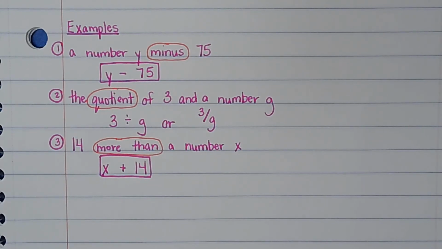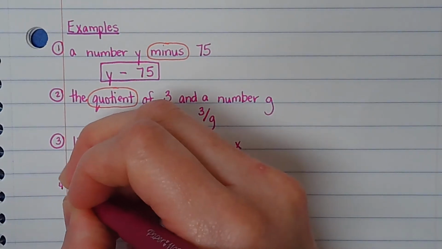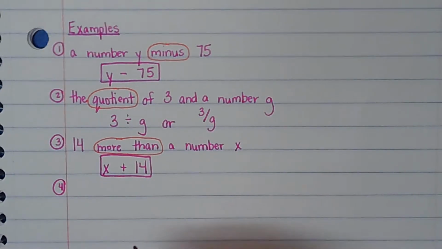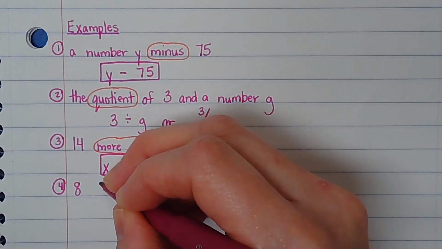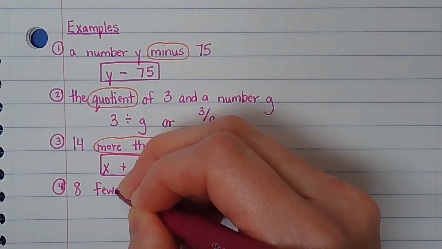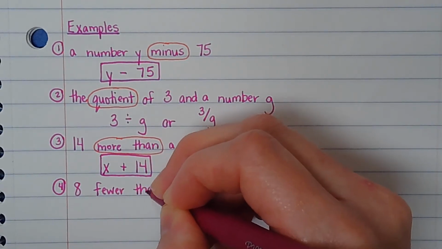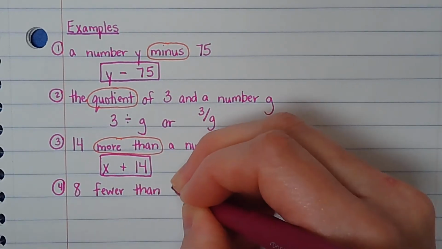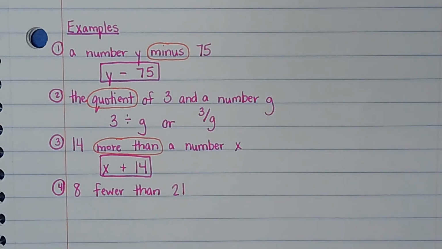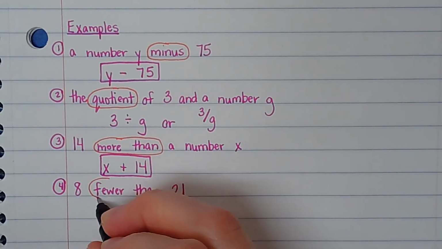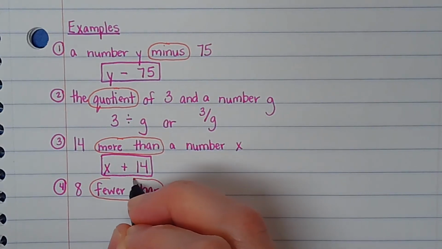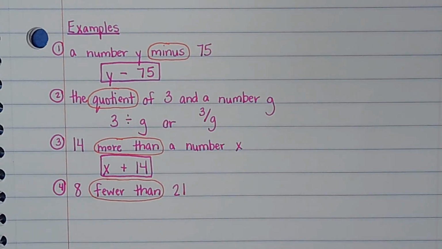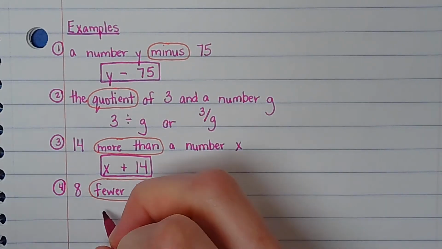Okay? Let's see another one. 8 fewer than 21. Okay? Find your keyword. I see fewer than, and it is on the subtraction list, but it also has a star beside it, so that tells me that I have to flip the order.